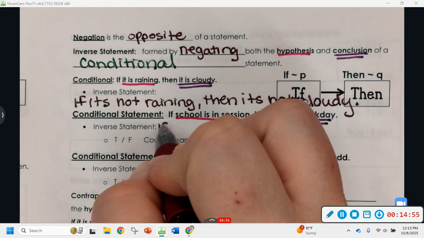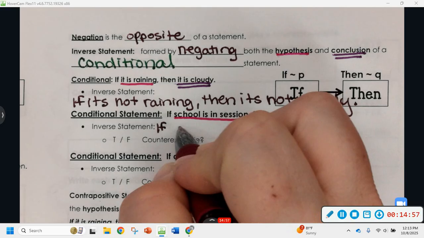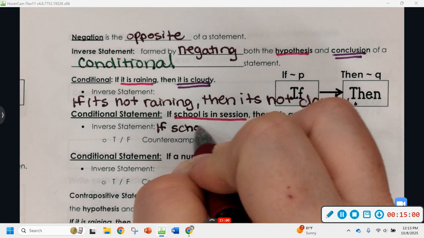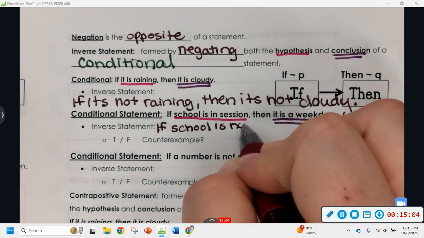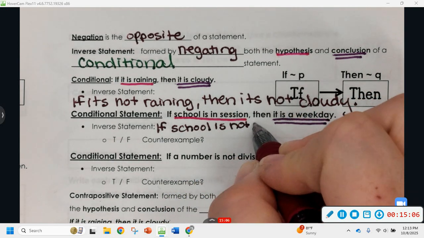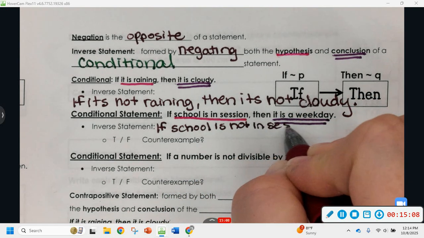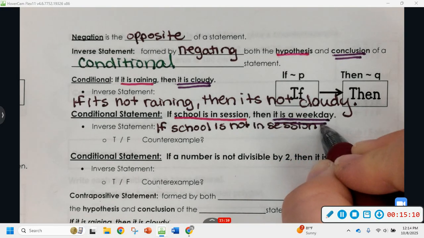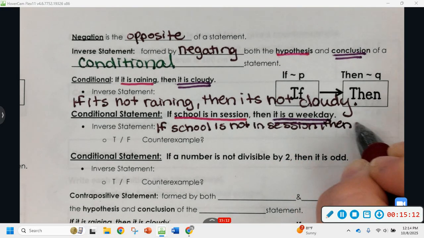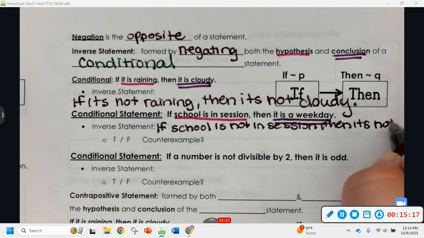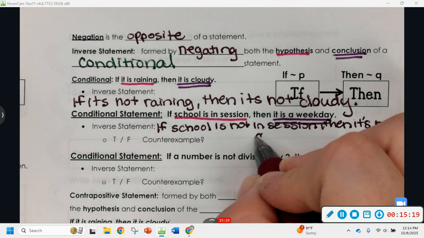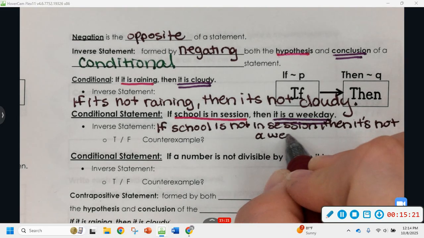If school is not in session, then it's not a weekday.